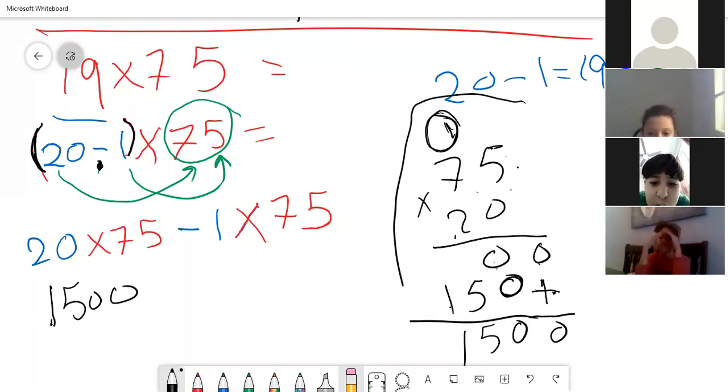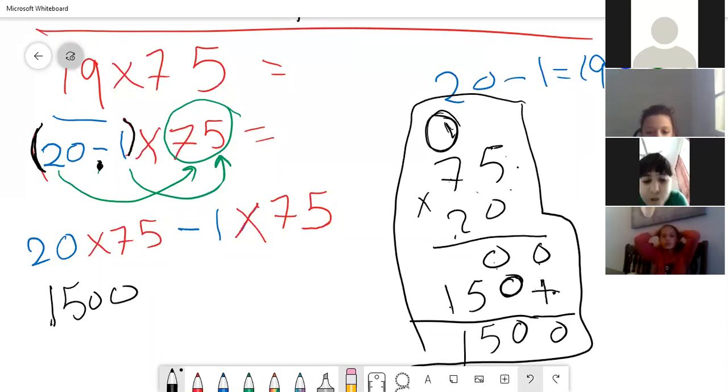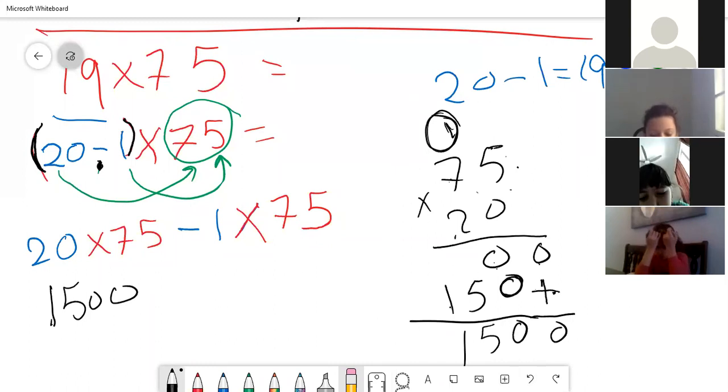Hey guys, this is the normal way of multiplication that we already studied. Do you remember how to multiply? All right. So now we multiply the 20 by 75, which is 1,500. And then minus. Why minus?